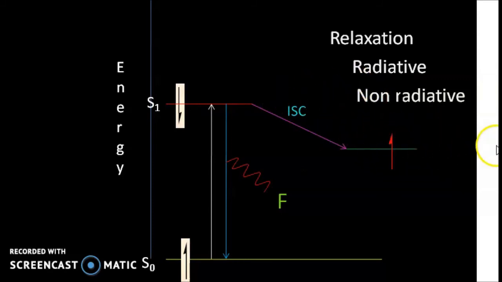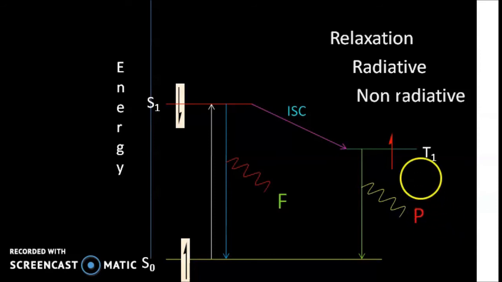Now from the triplet excited state, the electron will then come down to the singlet ground state, and that can happen with the emission of radiation. That particular phenomenon, wherein the electron comes down from the triplet excited state to the singlet ground state, is called phosphorescence.